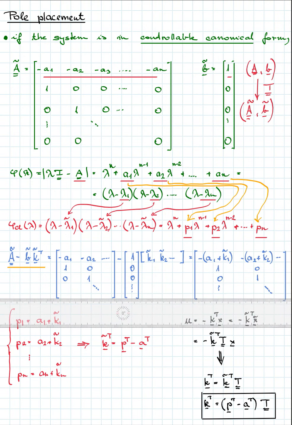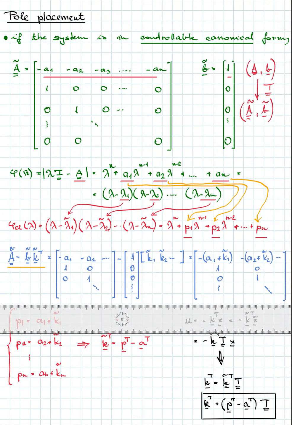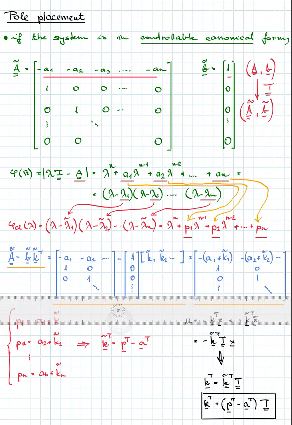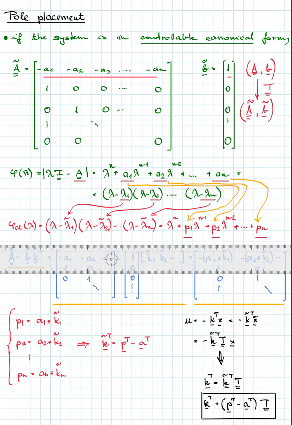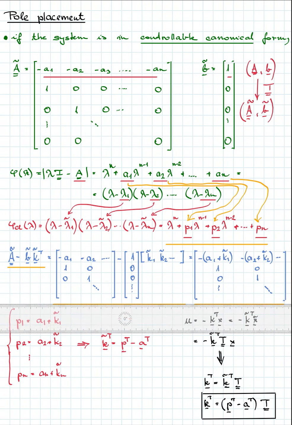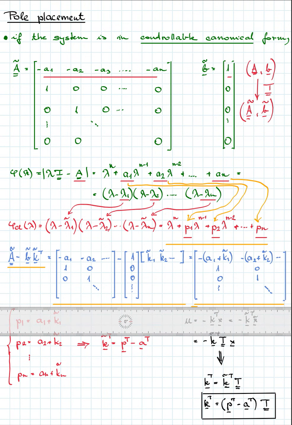So after some very simple math, doing these steps, we are going to get this associated matrix. This is the associated matrix of this polynomial. So we have got this polynomial of the closed loop system, and this is the associated matrix at the end here.